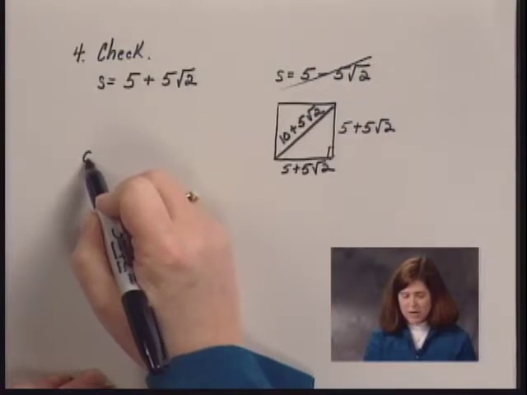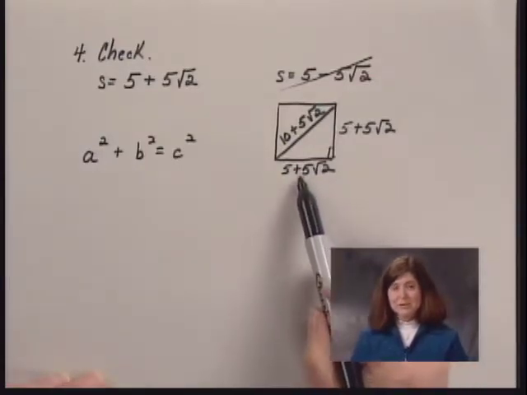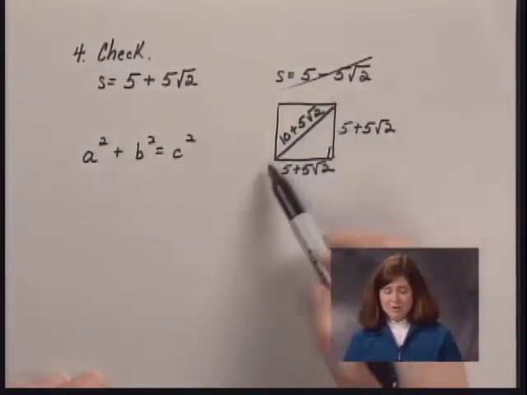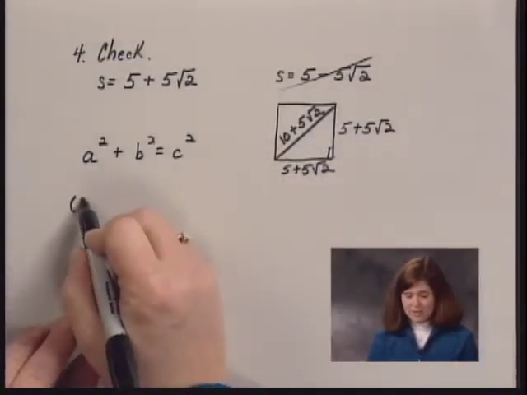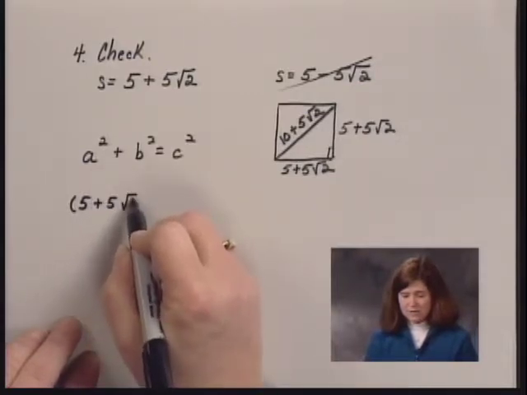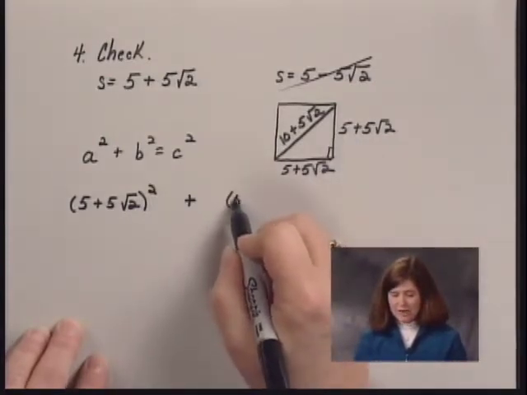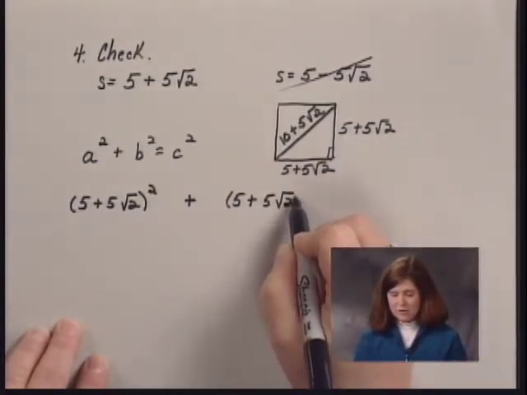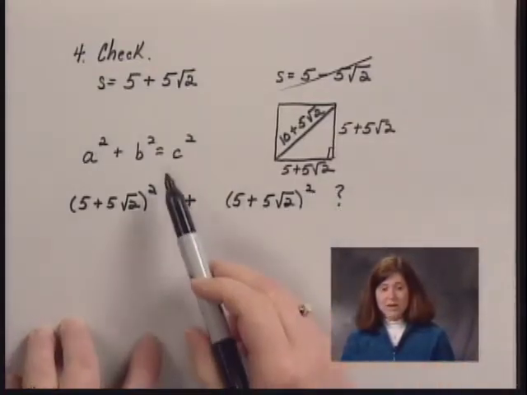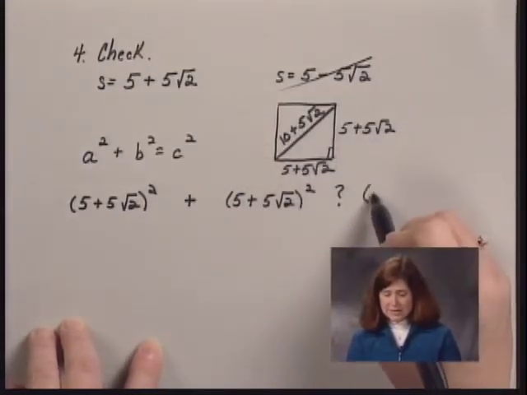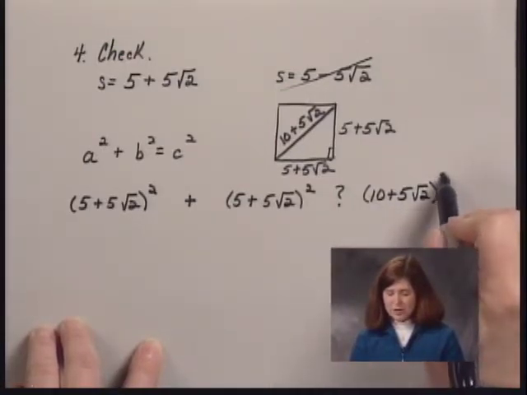So we can use the Pythagorean equation, a squared plus b squared equals c squared, and see if this squared plus this squared does equal the diagonal squared. We'd write that as a is the first side, so that would be 5 plus 5 times the square root of 2 squared, plus the other side will be just like that, 5 plus 5 times the square root of 2 squared. And we want to know if that equals c squared, where c is 10 plus 5 times the square root of 2. So we want to know if that's that squared.